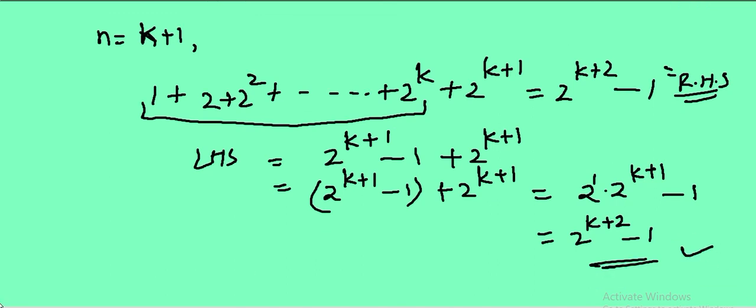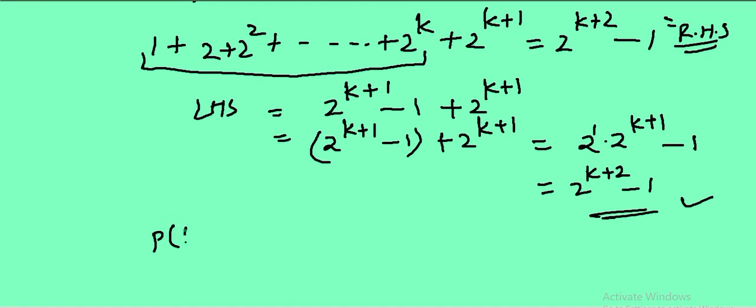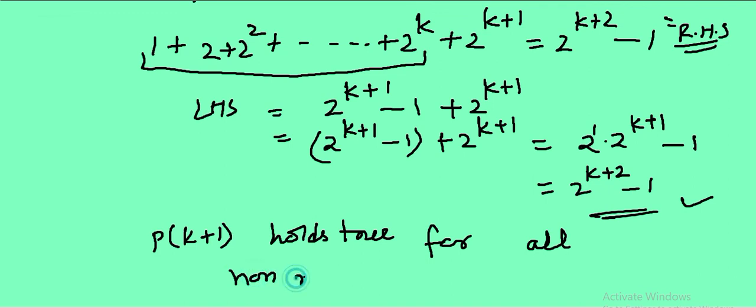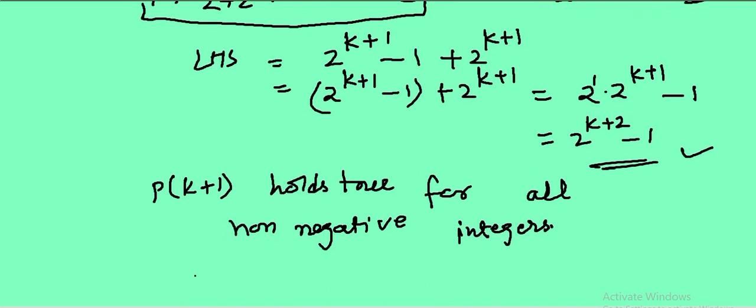So it holds true for P(k plus 1), for all non-negative integers. In non-negative integers, 0 will come, so 0 is the first case. That's why I have taken P0. So in that case, we can prove this by the principle of mathematical induction.